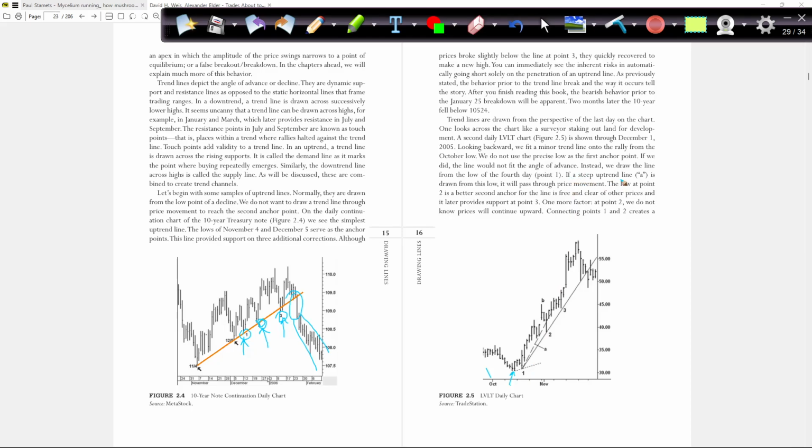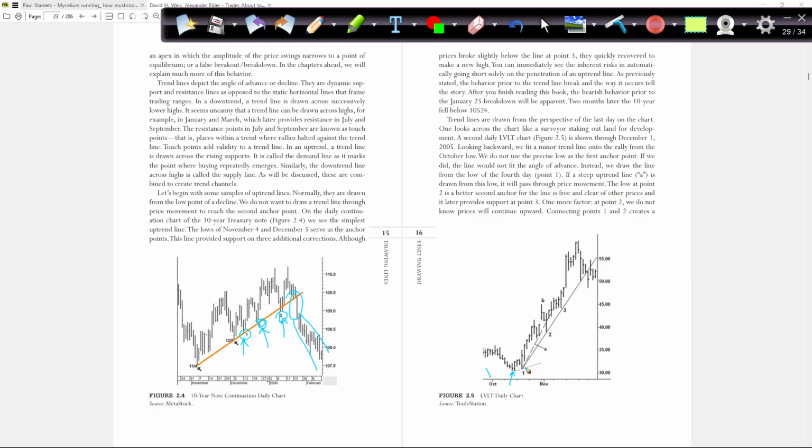If a steep uptrend line A is drawn from this low, it will pass through price movement. So we don't want to do that.